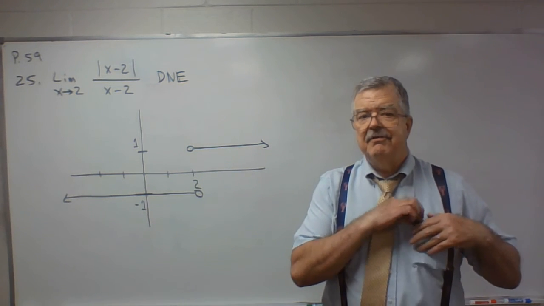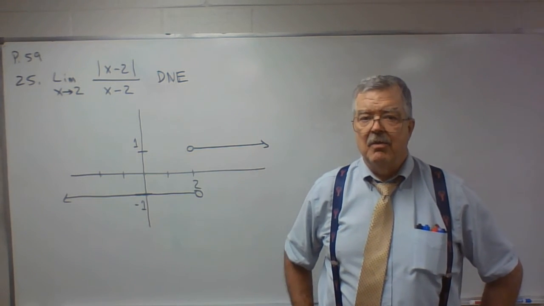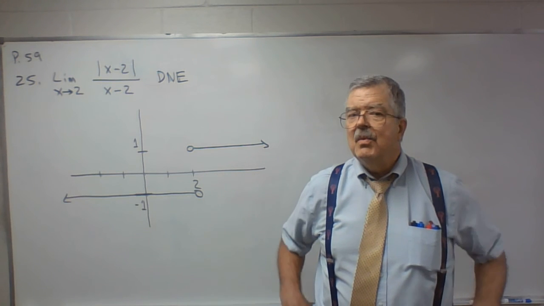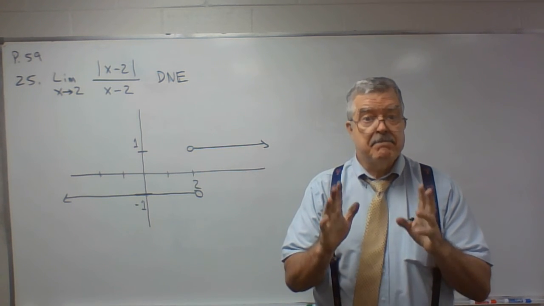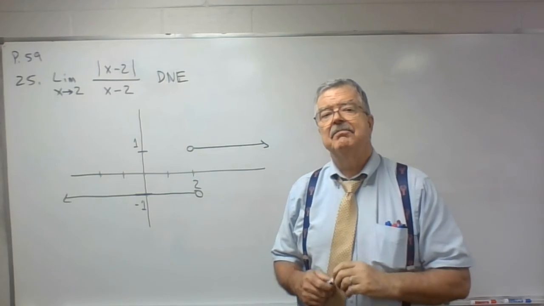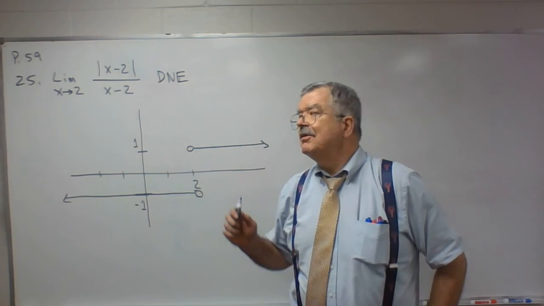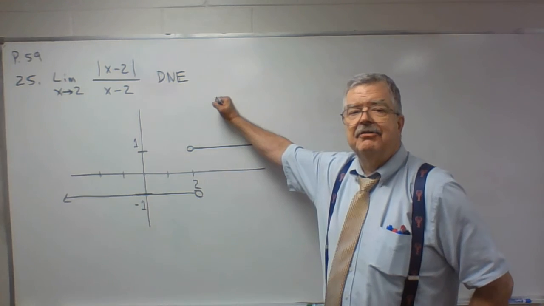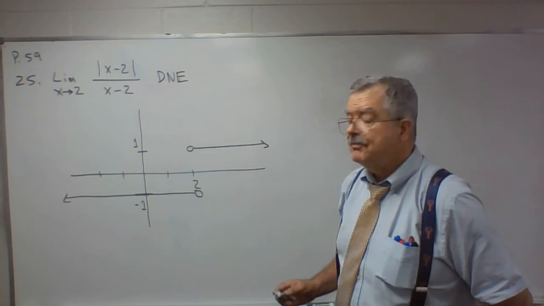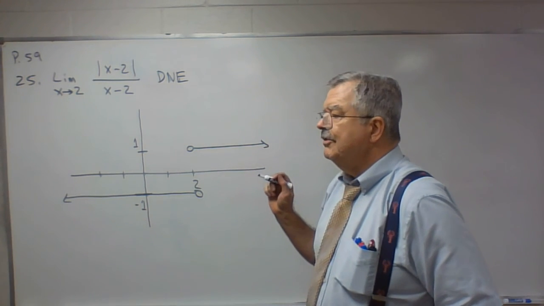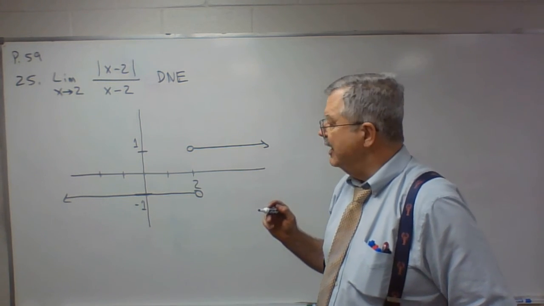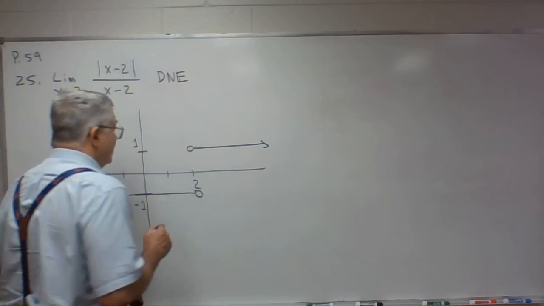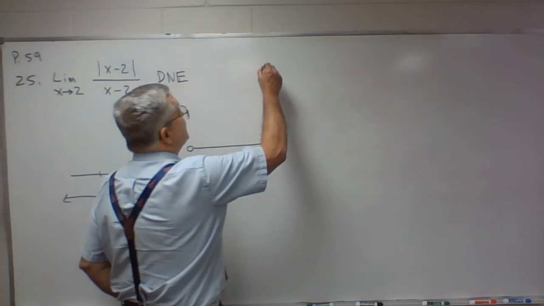Now, if we saw the video that was assigned for homework last night, we can apply that knowledge to this thing and confirm what we've already said to be the case. Using the mindset from the video last night, we consider the one-sided limits.